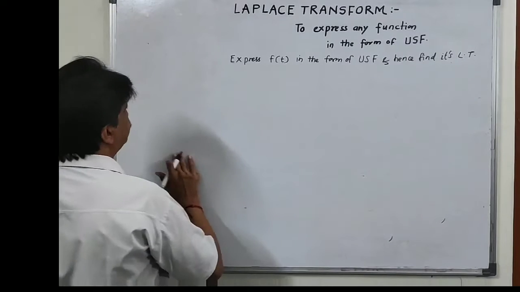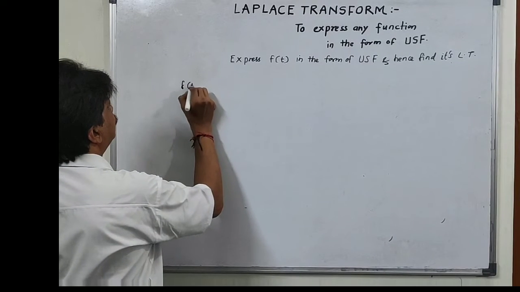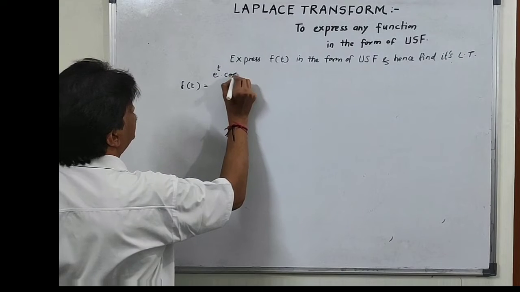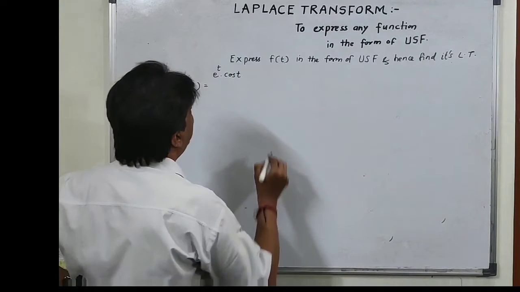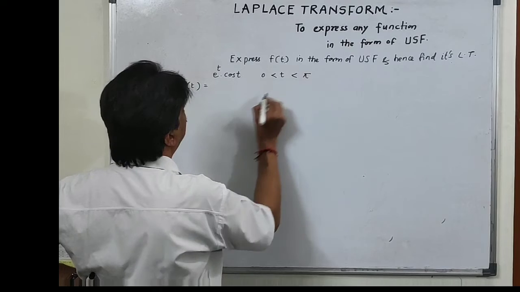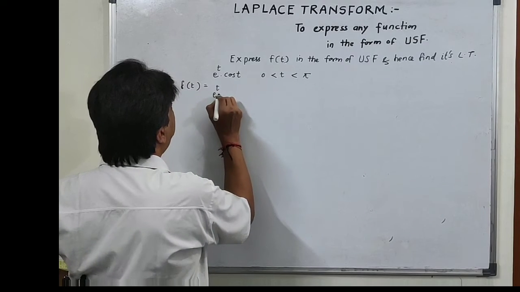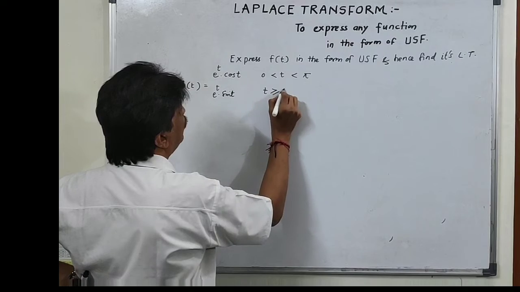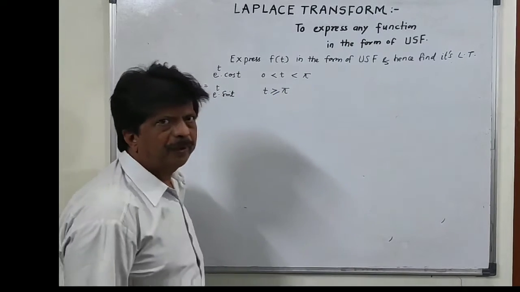The function defined is equal to e raised to power t into cos t when t lies between 0 to pi. It is equal to e raised to power t into sin t when t is greater than or equal to pi.